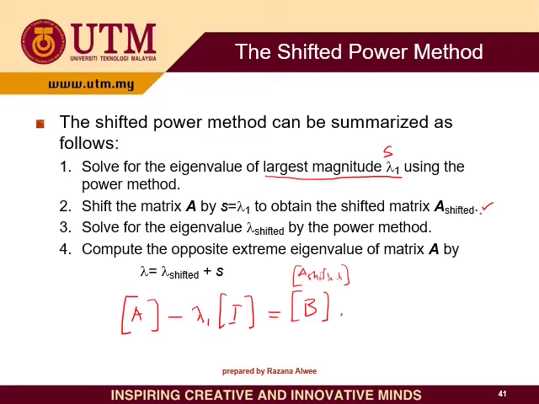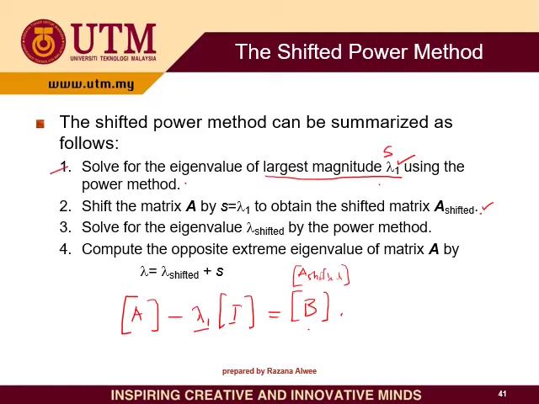For me, I use B. You need to have this first in order to find the shifted matrix. Usually this will be given to you in the exam, or you must calculate the largest magnitude first using the power method, and then use the lambda 1 that you have found for the shifted power method.